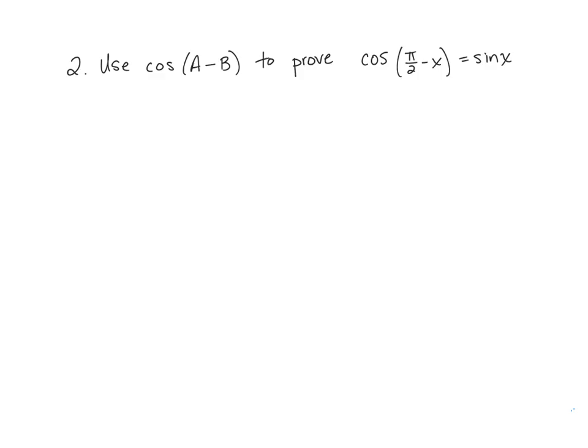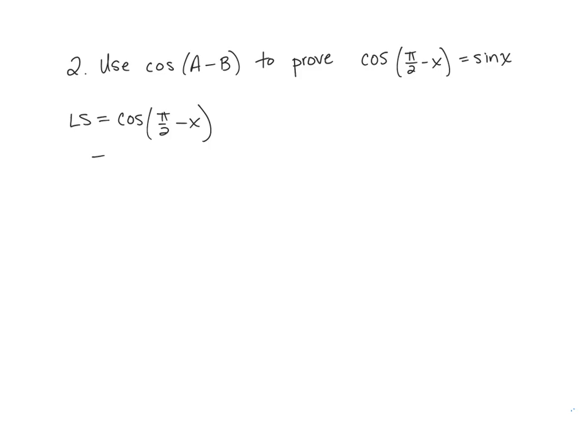We know that our left side here would be cos of pi by 2 minus x. And again, we cannot expand our trig ratio, right? So we have to use our compound angle identity.